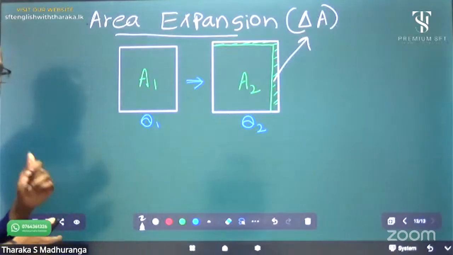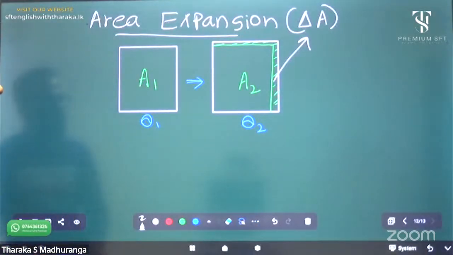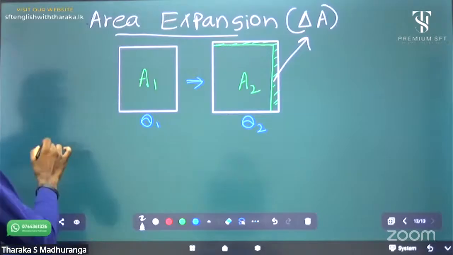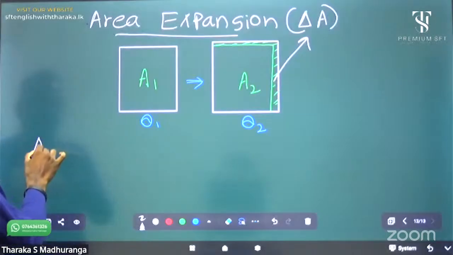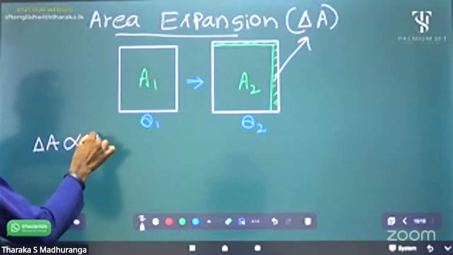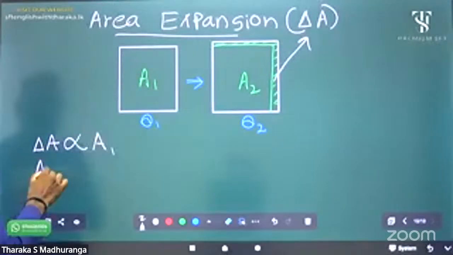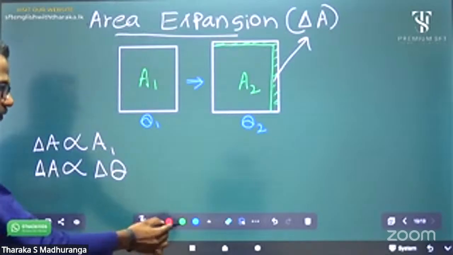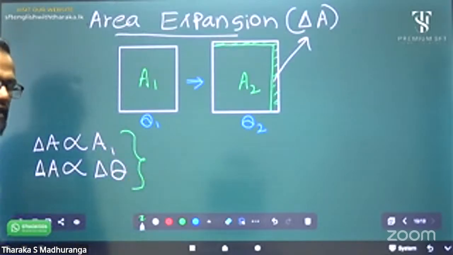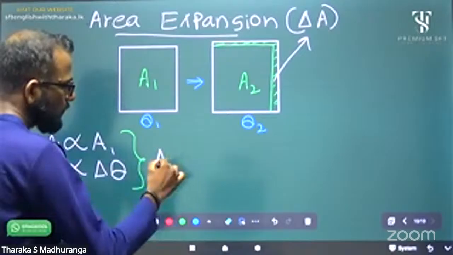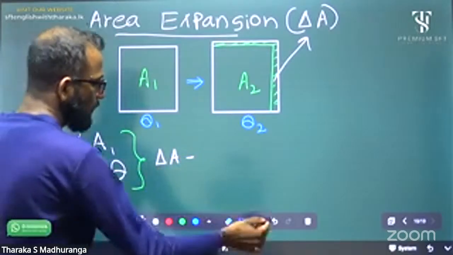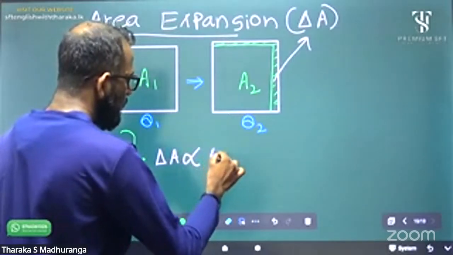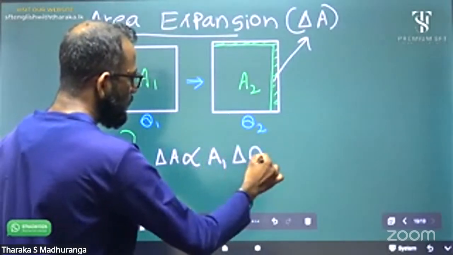Delta A is directly proportional to the initial area A1, and also directly proportional to the temperature difference delta theta. So delta A is directly proportional to A1 delta theta.